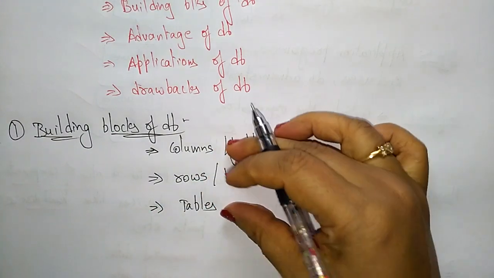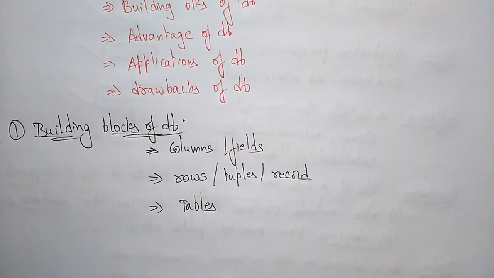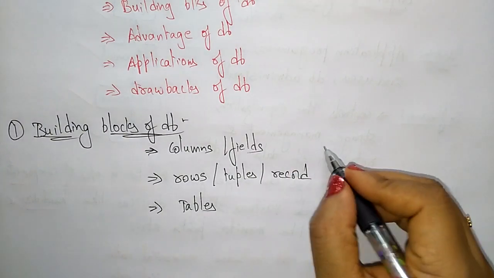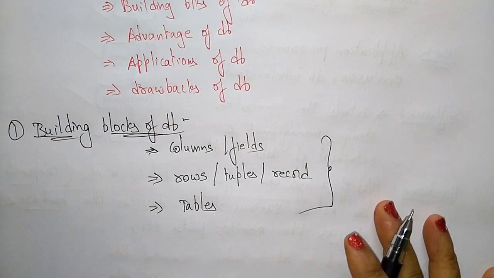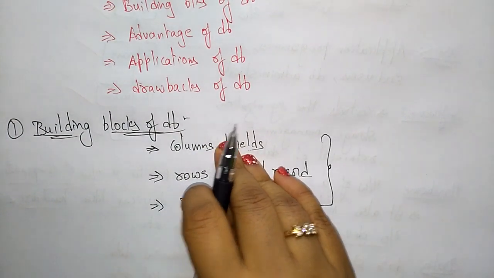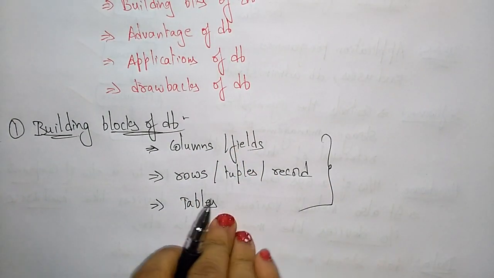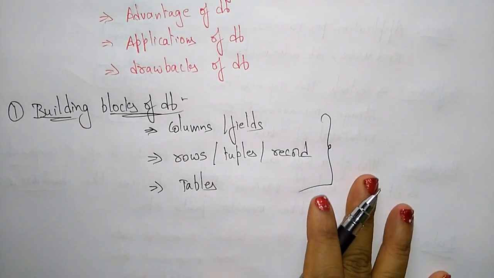So these are the three building blocks that are used in the database. If you want to create a database, if you want to store the data in database, you require these three building blocks. So if you know these three building blocks, then you can store the data in database.